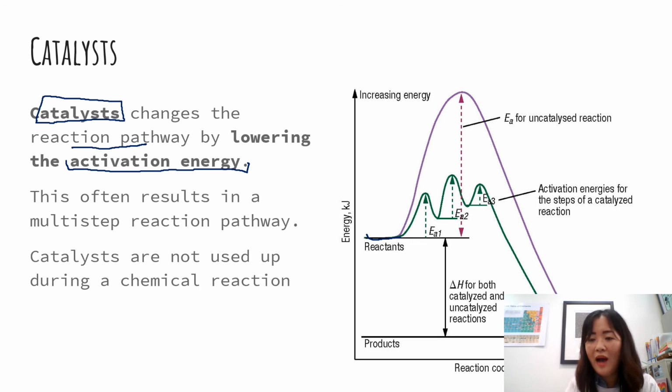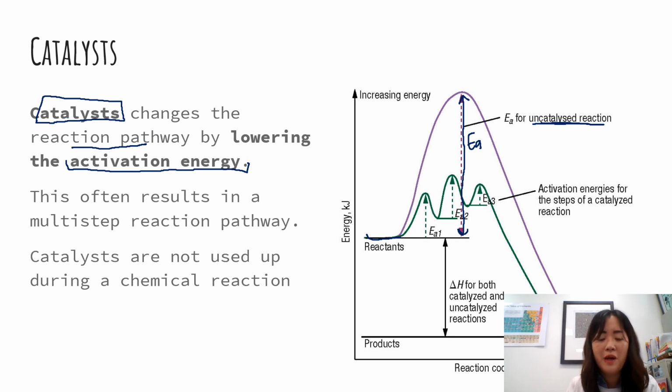If you don't have a catalyst for this reaction, it's this purple hump that is your activation energy that needs to be overcome for the reactants to turn into products. This is a pretty big activation energy, so not all the collisions are going to make it past that and turn into products. A lot of them might collide, but still nothing occurs, right?